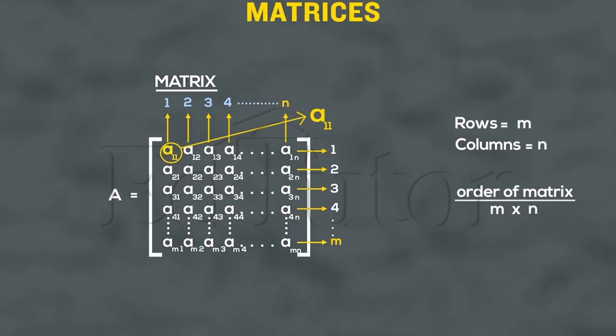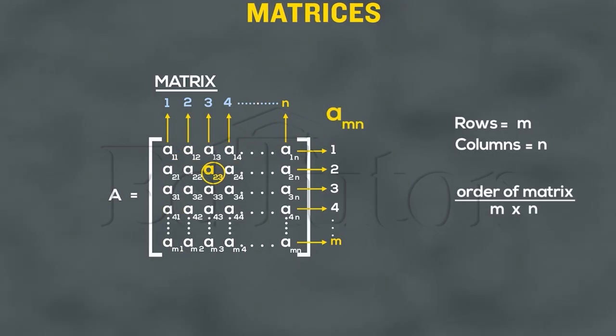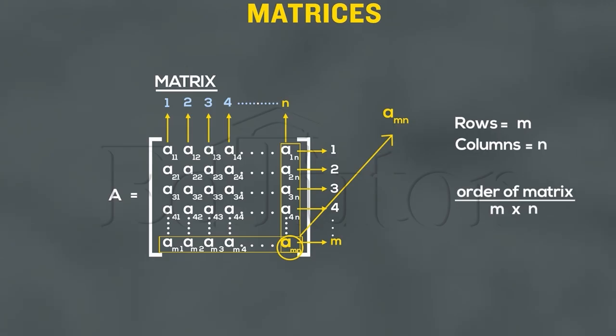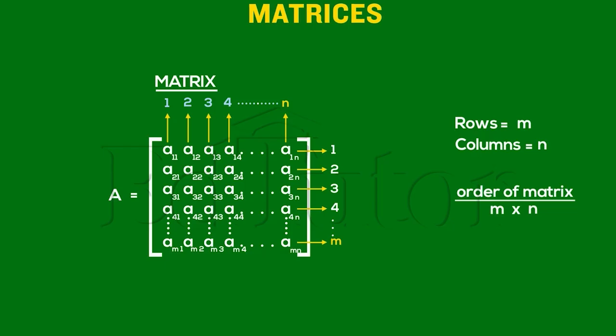This helps us recognize the place of any element, which in this case is in the first row and the first column, while this element is in the second row and the third column, and this element is in the mth row and the nth column. So, the element of a matrix under consideration always lies at the intersection of its given row and column. And the number of rows or columns in a matrix is always a positive integer.